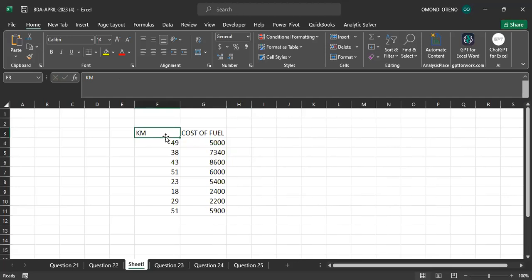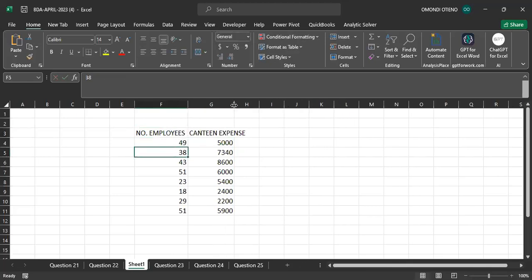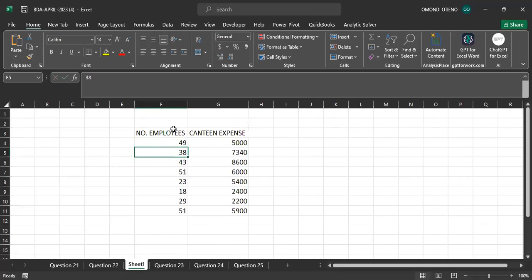If I want to look at the canteen expenses, let's say this is canteen expenses, I'll be considering number of employees, right? So canteen expenses will be depending on the number of employees.